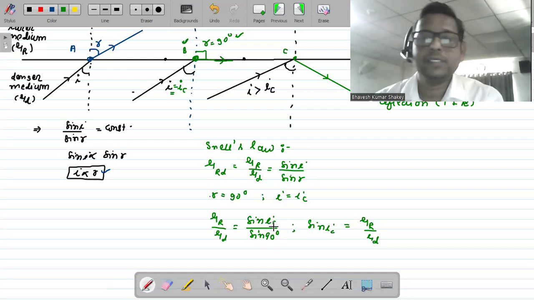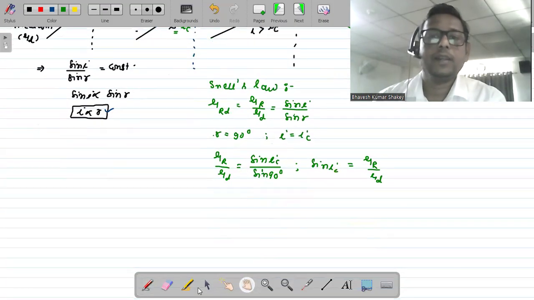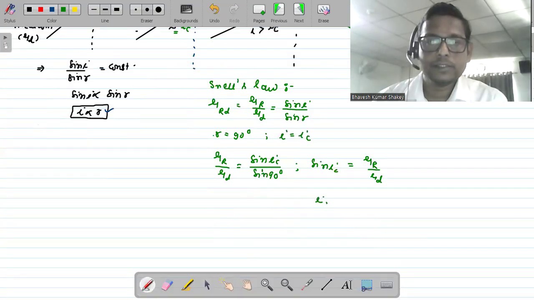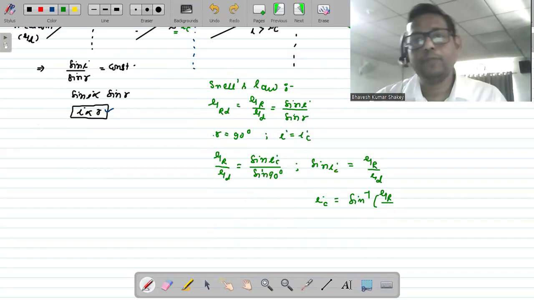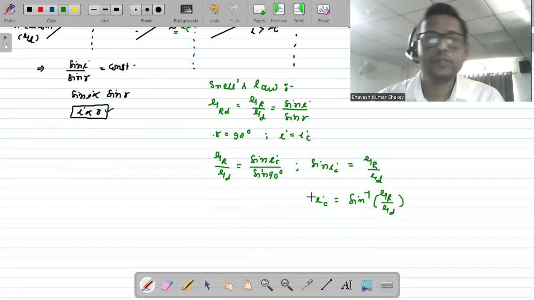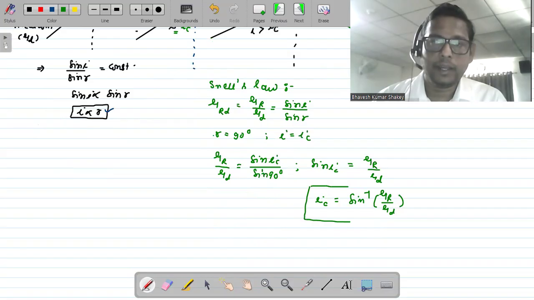So sin IC is equal to mu R by mu D, and for the critical angle, IC is equal to sin inverse of mu R by mu D. This is the formula for the critical angle.